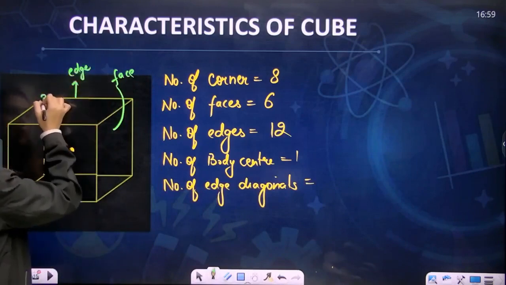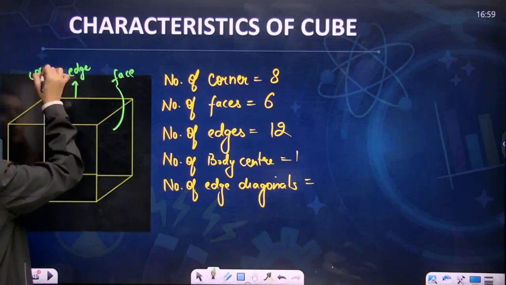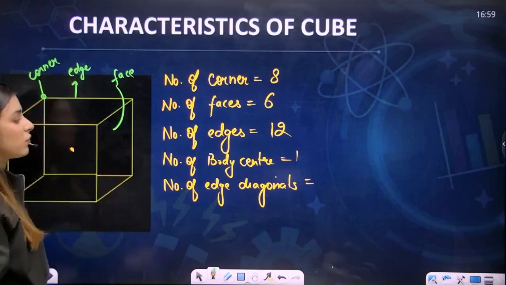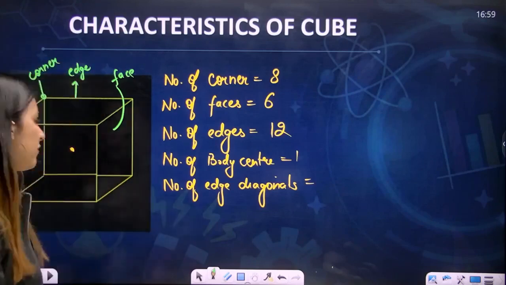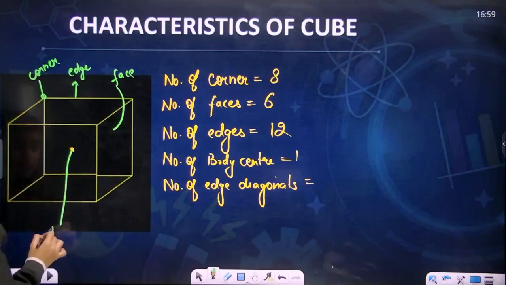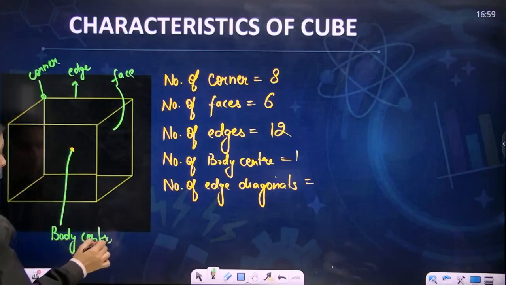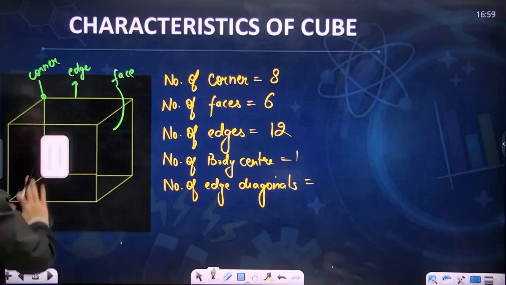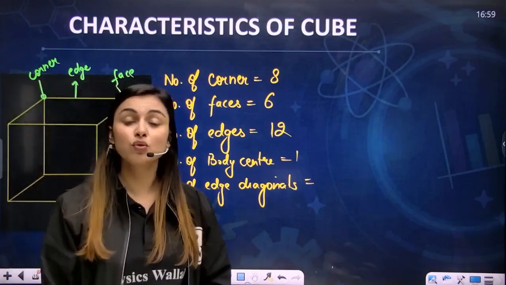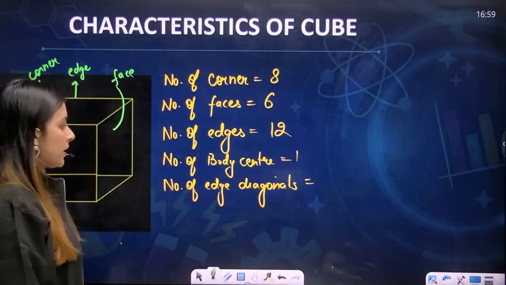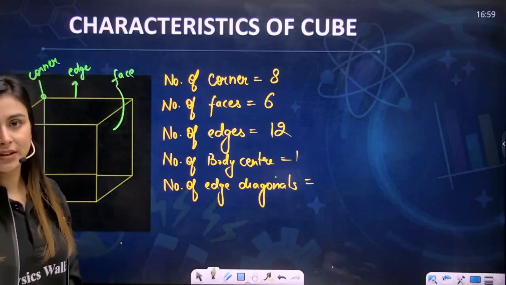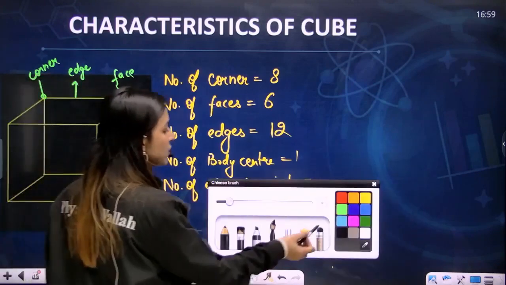This is a corner. This is a corner. Till now, everything was beautifully done. Nothing was very tricky. This is the body center. I'll make you draw the body center at the end. Now the question is edge diagonal. What is an edge diagonal?